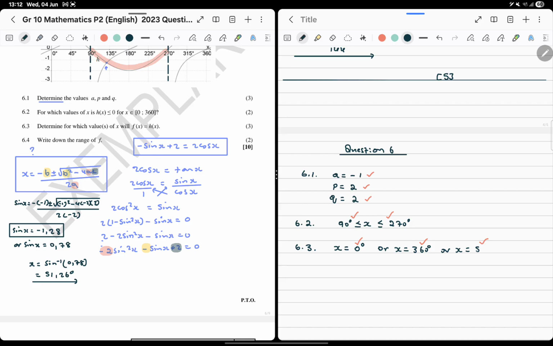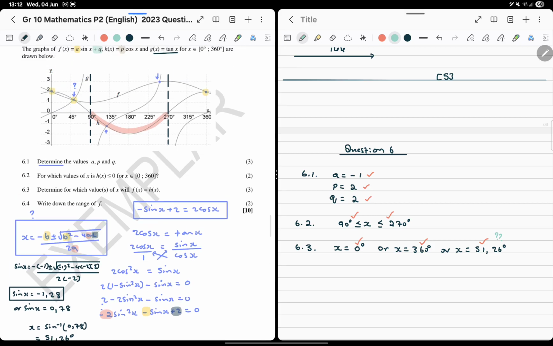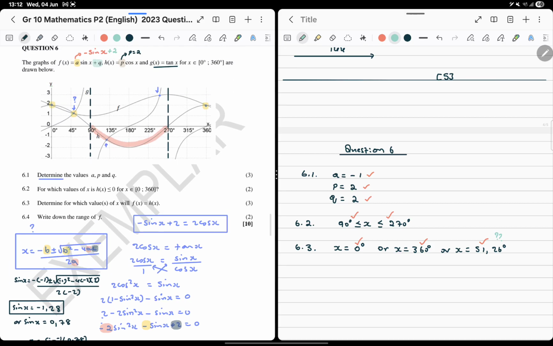I don't know how you would justify getting this angle if the quadratic formula is not indicated, because I will not show you the general solution technique, which might be a problem. So I still feel this remains a question mark. Was it necessary to ask that question? I don't think so. But here's the other thing that the examiners could have done.